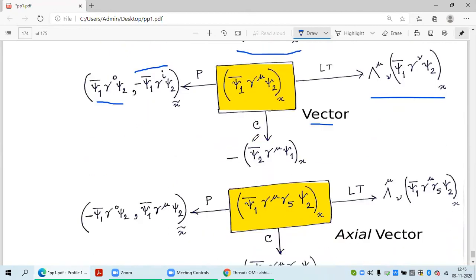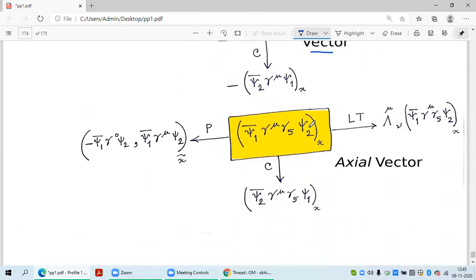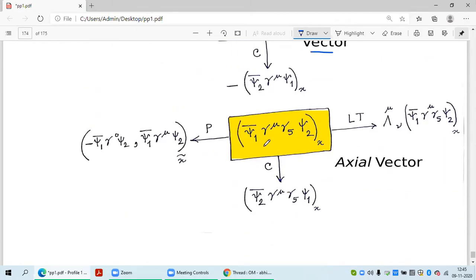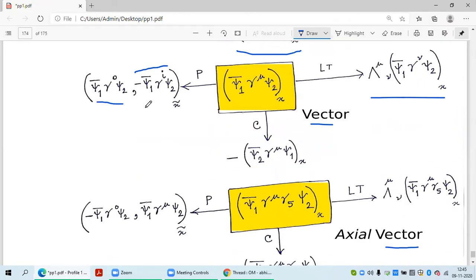It's a vector. And under charge conjugation, a minus sign comes and the 2 and 1 are swapped. And this also gives the same result with no minus sign here. This is also a vector. But under parity, with respect to this, the time part changes sign, the space part does not change. If the space part of a vector does not change under parity, we call it an axial vector.